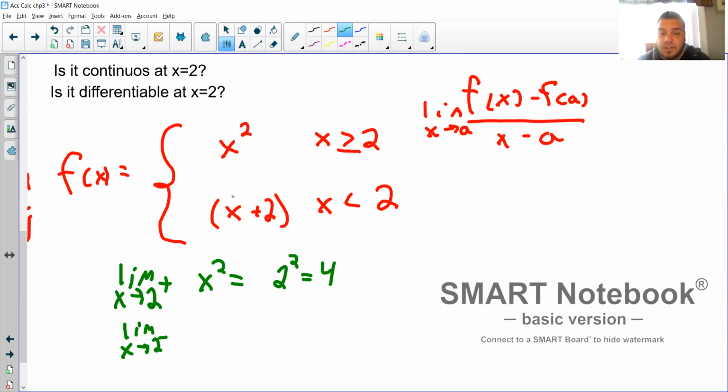So that's this equation on the bottom, x plus 2. In this equation, we have no issue substituting 2. It doesn't cause any undefined or imaginaries. 2 plus 2 equals 4. So because the limit matches at the same point, yes, it is continuous.